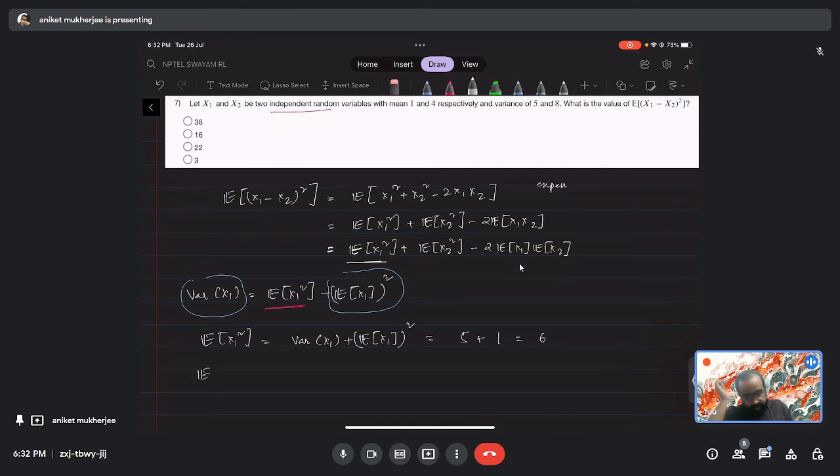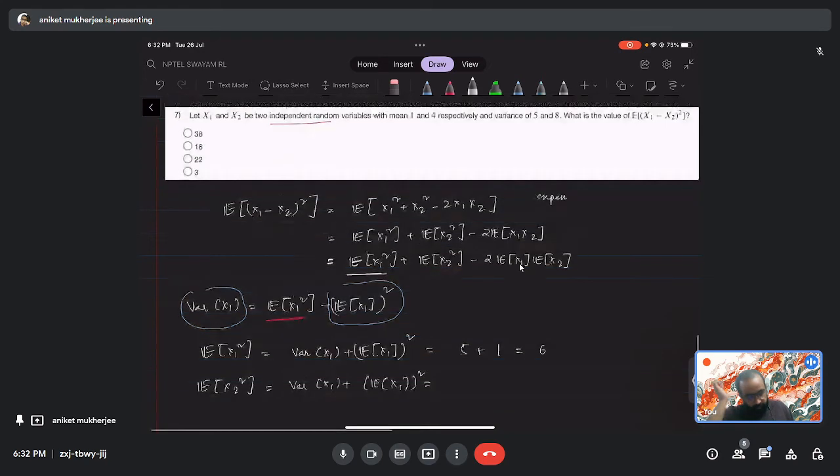Next, similarly I need to calculate expectation of x2 square, which is variance of x2 plus expectation of x2 whole square. The variance of x2 is given as 8, plus expectation of x2 is 4, so 4 4s are 16. This is 24.